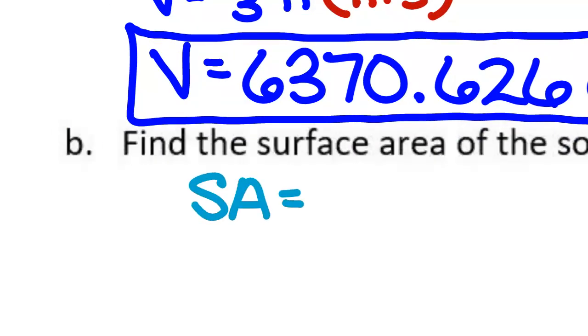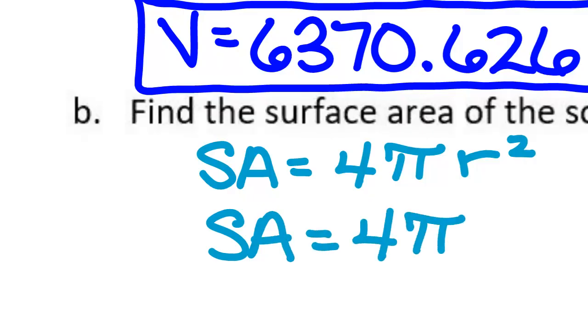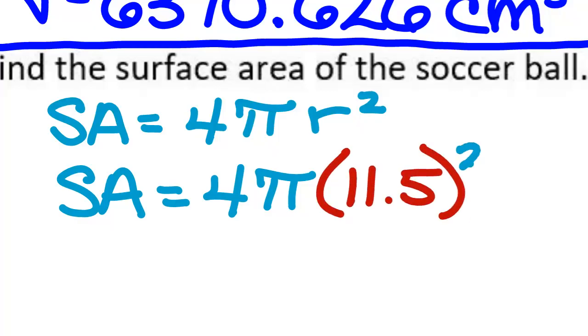Surface area is 4 pi r squared. So 4 pi times the radius of 11.5 squared.